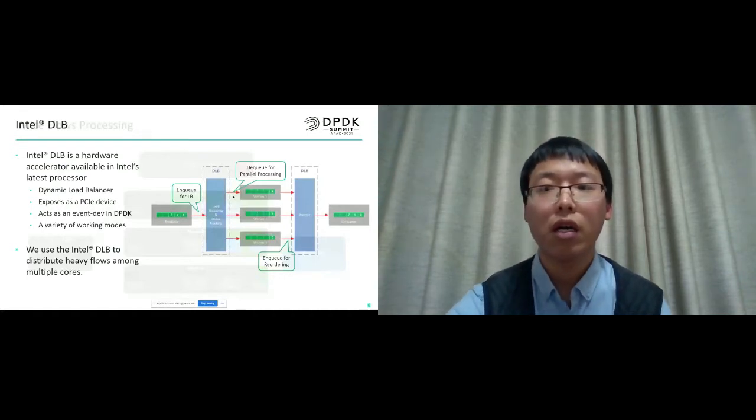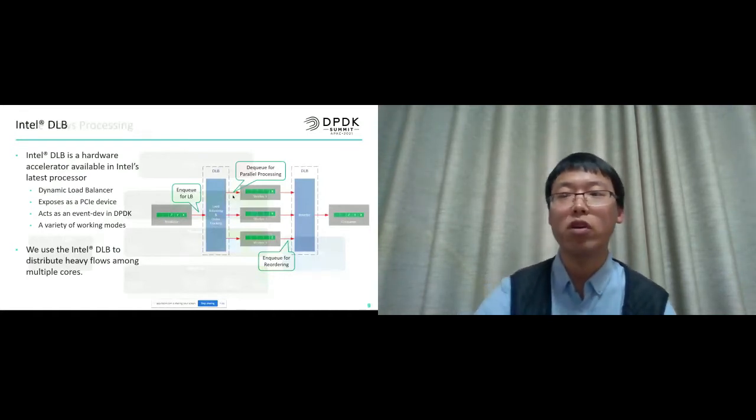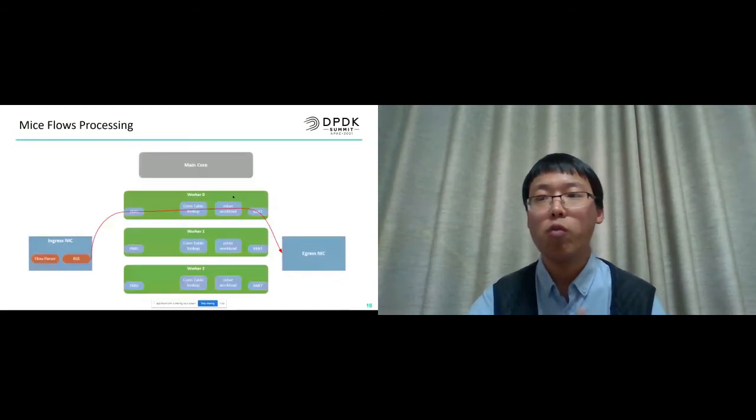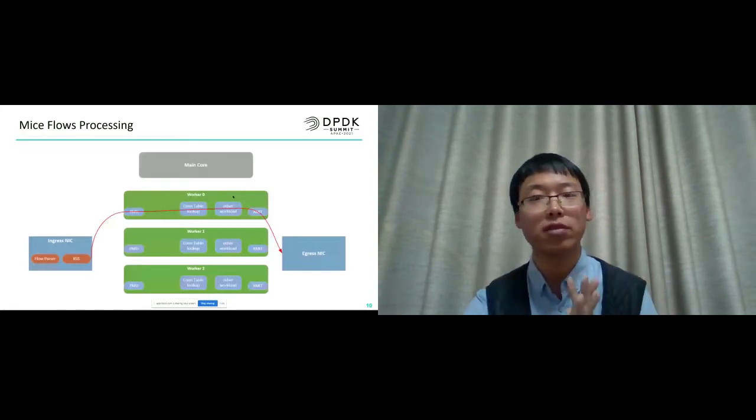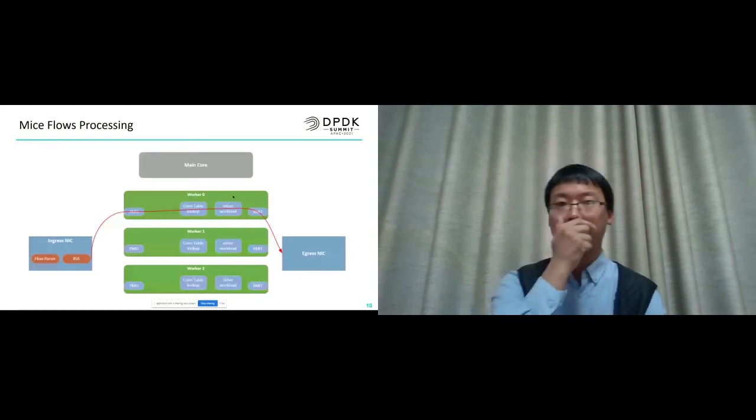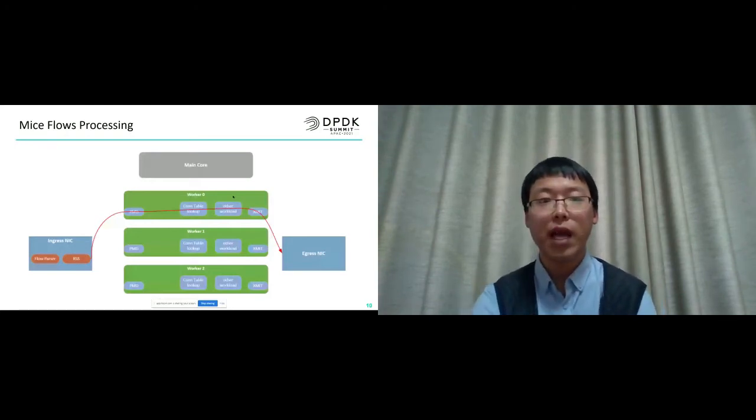In the next few pages, I will introduce the whole picture of our solution. But before handling the elephant flow, let's see how the HDSLB handles the mice flow. Just like all DPDK-based applications, there's one main core and several worker cores.